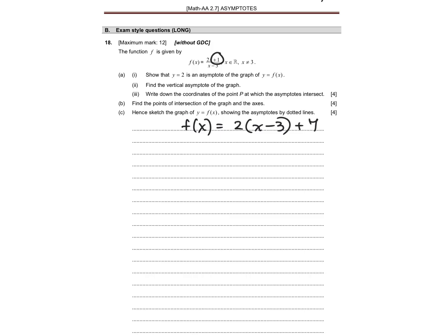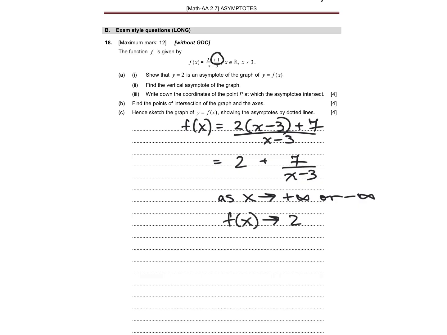So we have to add 7 over x minus 3. And then we can separate the numerator. So we'd have 2 plus 7 over x minus 3. So as x goes to plus infinity or negative infinity, f at x goes to 2.